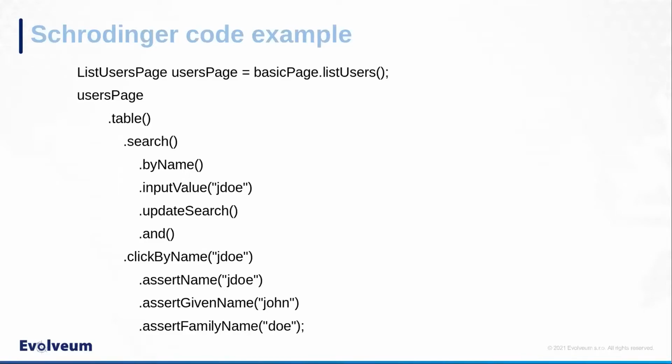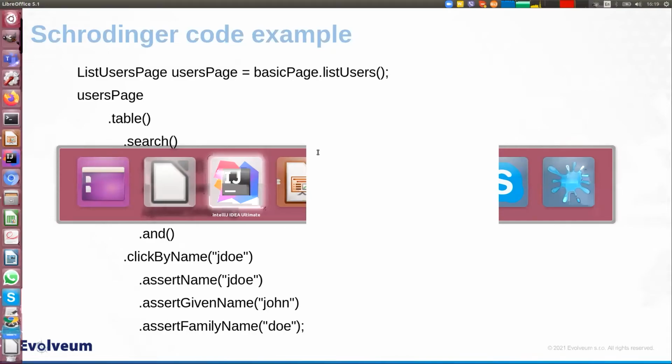We input the value, we update the search, and then we click by name after the search is done. So in this example, hopefully you see that the code is clear and understandable.